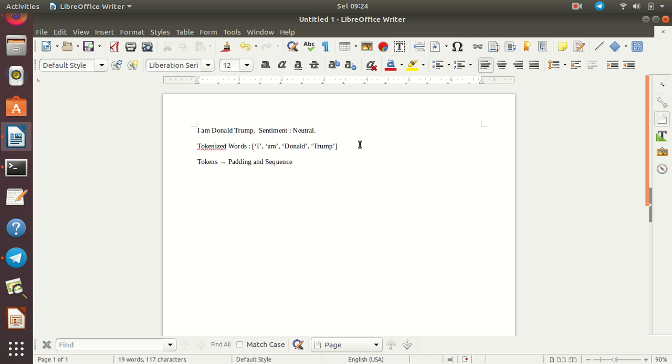Okay, so if our padding is 10, then it needs additional padding, usually zeros, until 10.